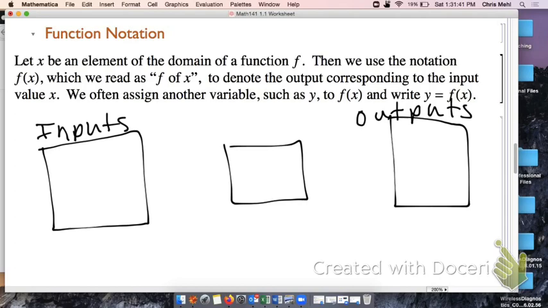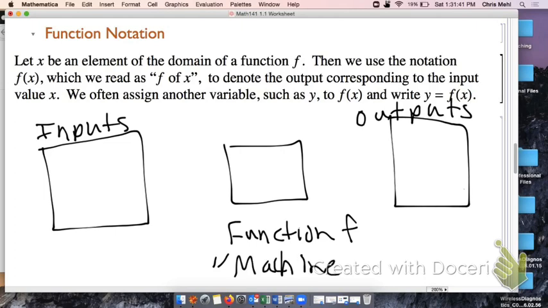And in the middle I have a function f. You can think of this as sort of a machine, if you will. Sorry, it's hard to write.